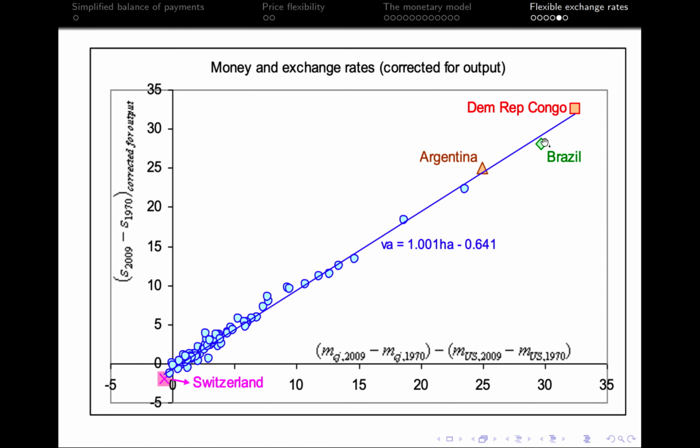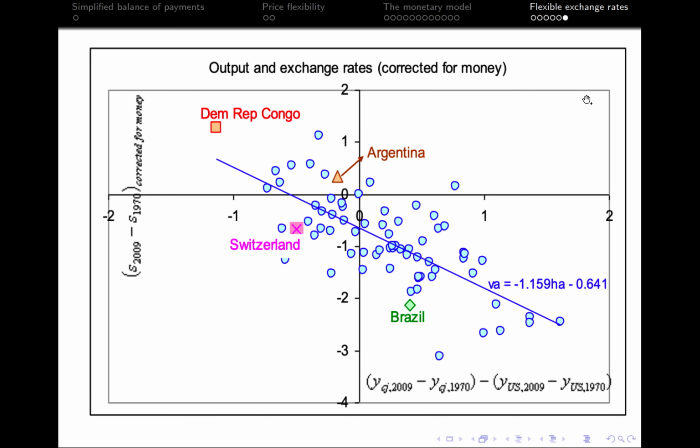But in countries that experienced very high money supply growth, like Argentina, Brazil, or Congo, we see that this is again almost one for one reflected in exchange rate. But of course, here we see that those changes were extremely big. Now, a very similar pattern, although not as good, not as close, we see with output.